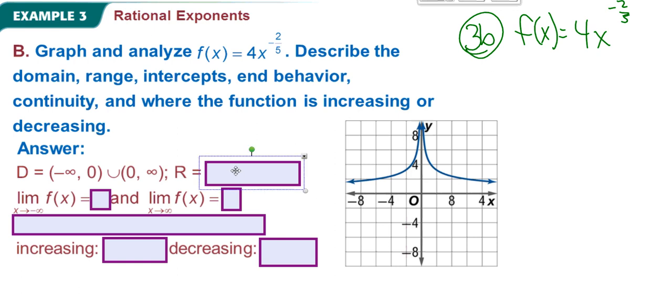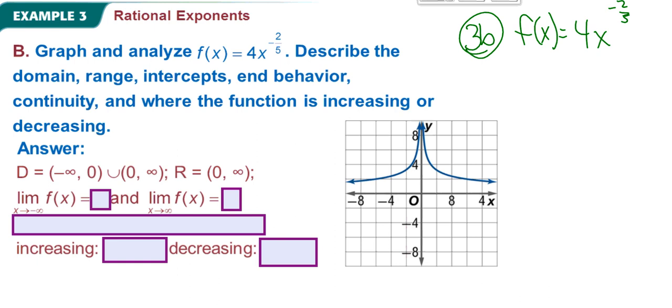Our range, notice, it looks a little high there, but that's okay because we have that fifth power there as we look at that. And so then the range is from 0 to infinity, not including the 0.